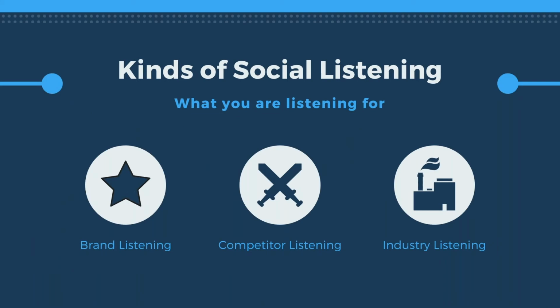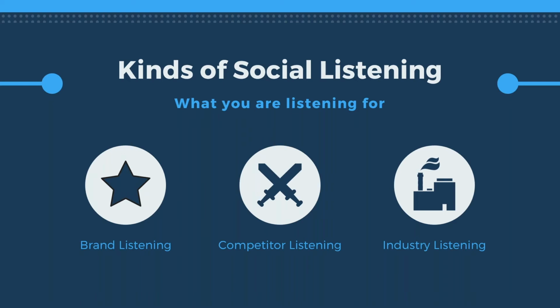So when you're doing social listening, you can essentially divide it into three main focus. One is if you want to listen to what people are saying about you, this would be all about brand listening. If you want to listen into what people are saying about your competitors, this would be competitor listening.